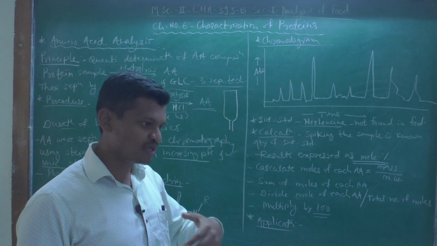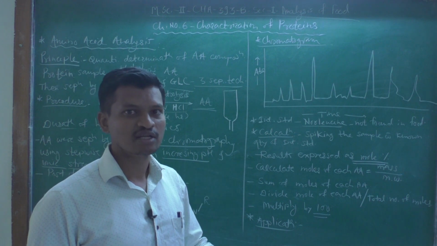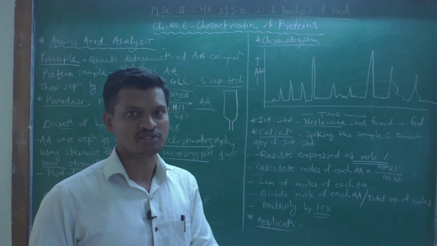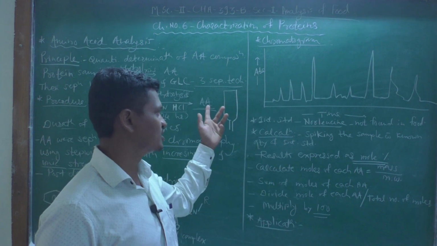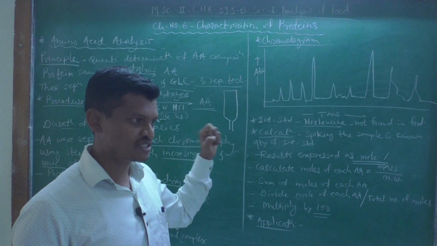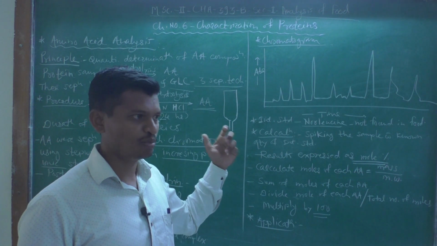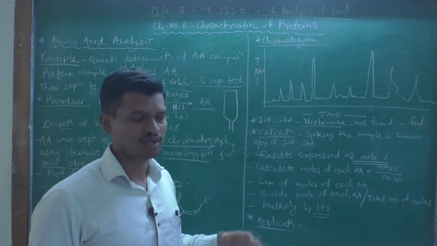So as the pH increases and the ionic strength of that solution increases, the separation of amino acids occurs from this mixture. This is the main basic idea behind cation exchange chromatography.